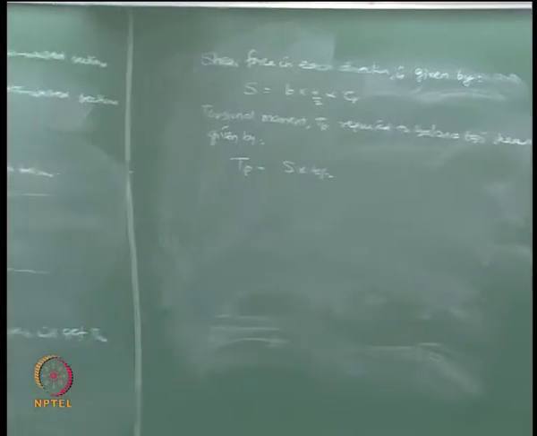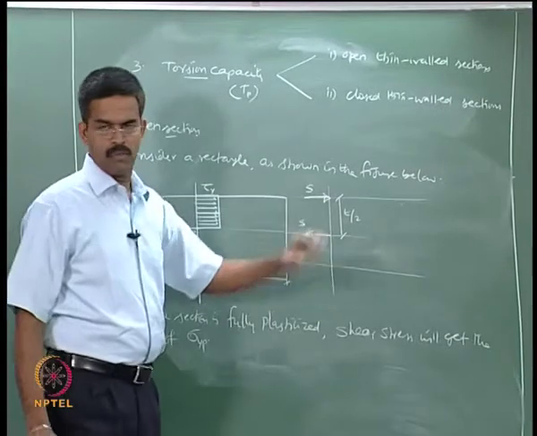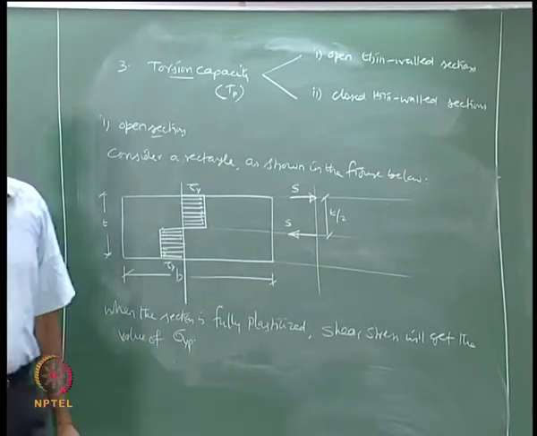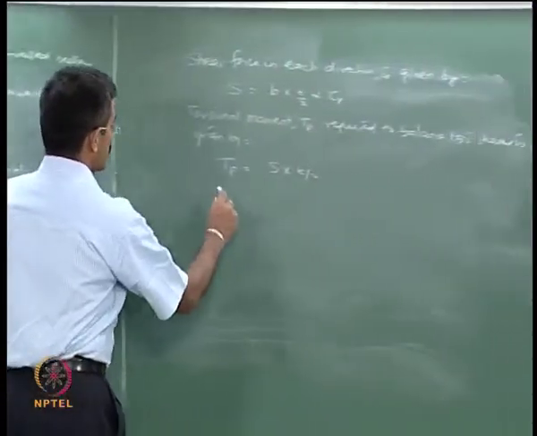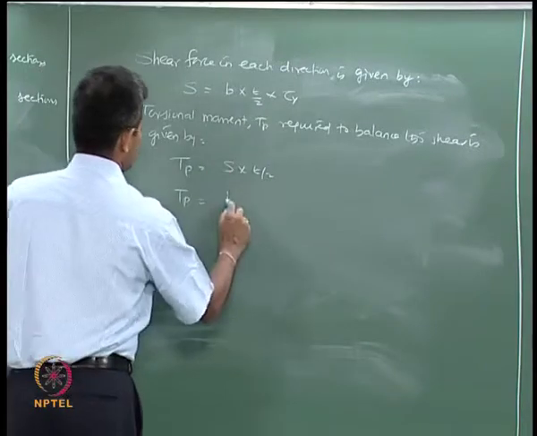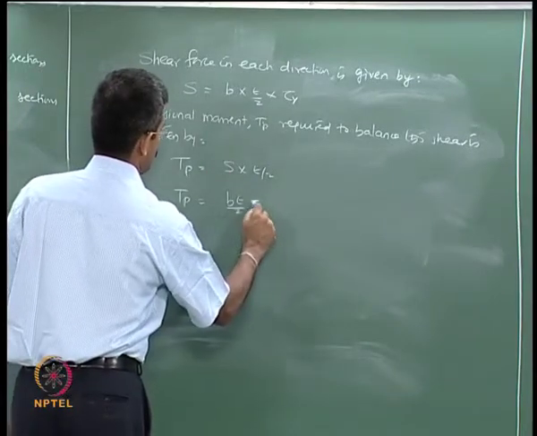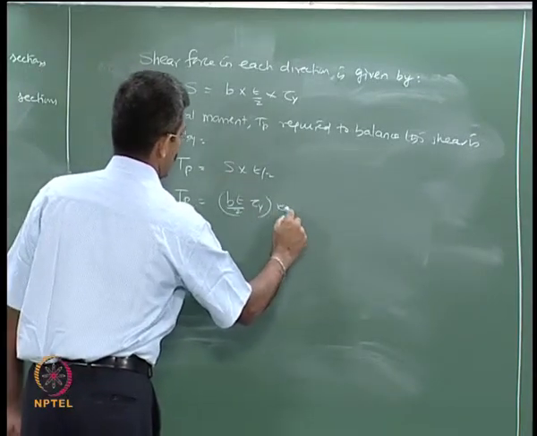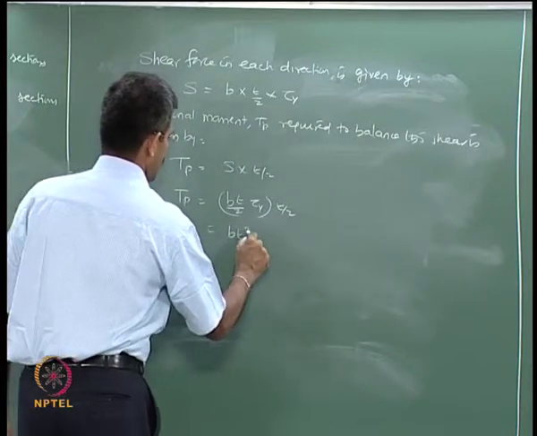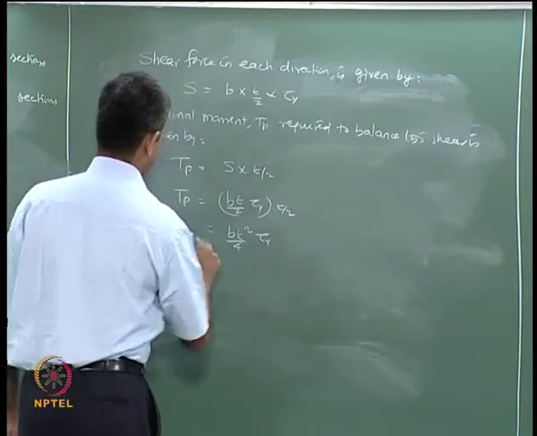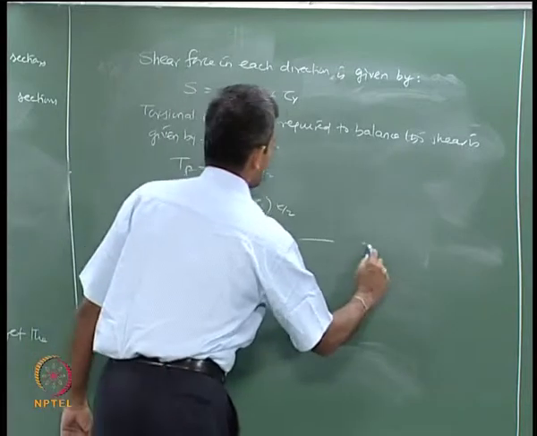That is the torsion, that is the moment about this point. So, couple with T by 2. So, that becomes S is B T by 2 tau y of T by 2. So, B T square by 4 tau y is my torsion.